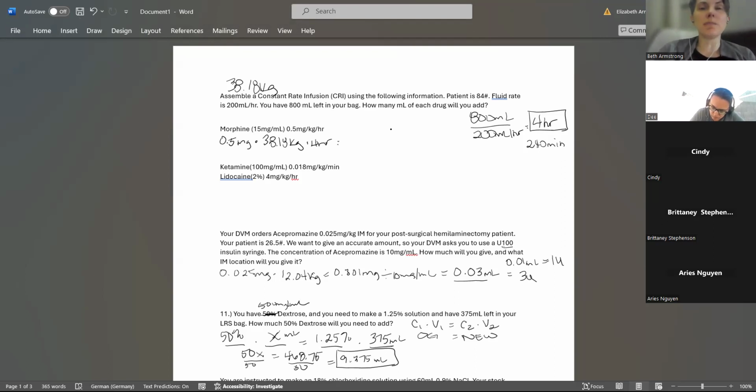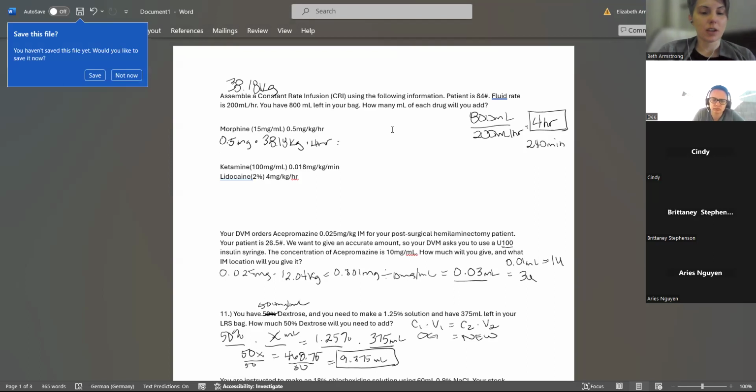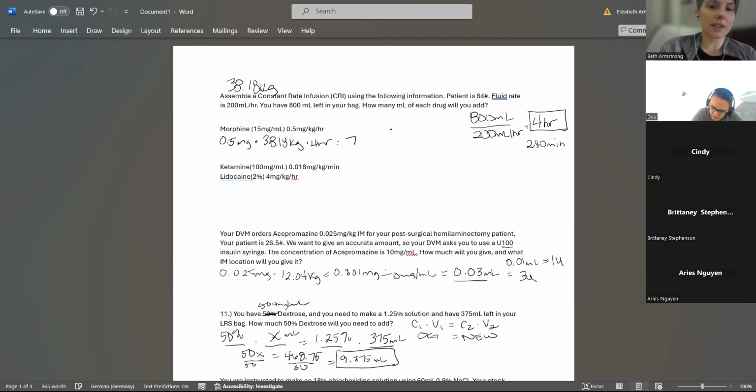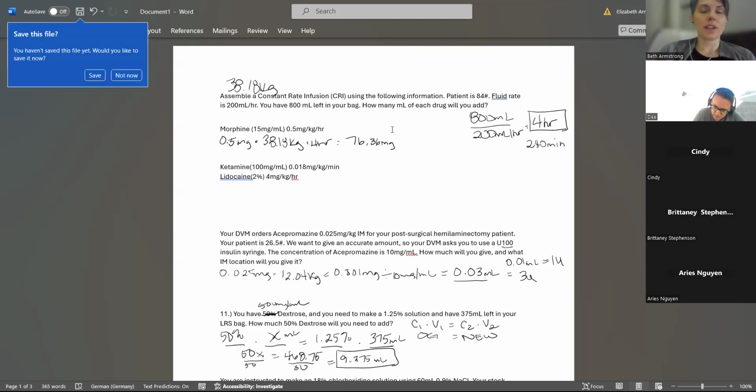This is going to tell us how many milligrams we need for the rest of that bag. So 0.5 times 38.18 times 4 is 76.36 milligrams.